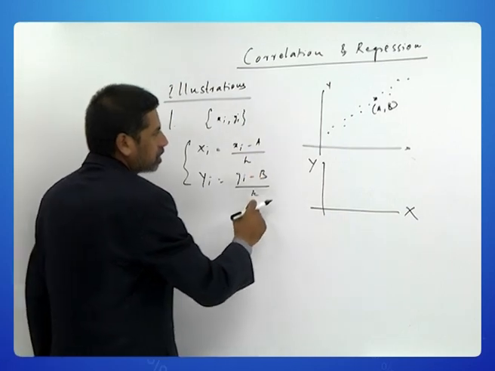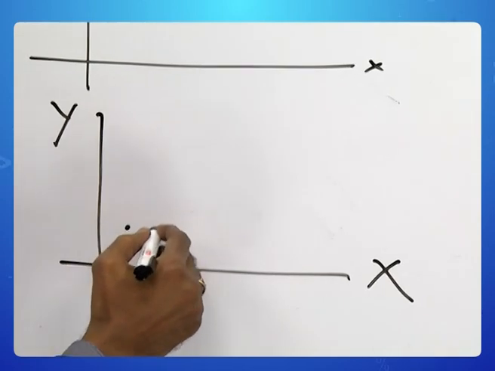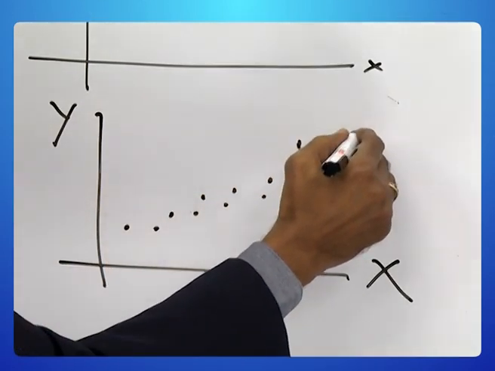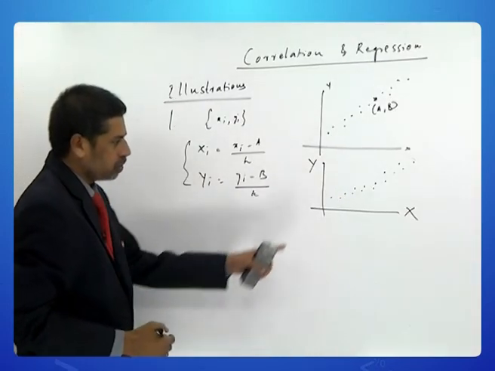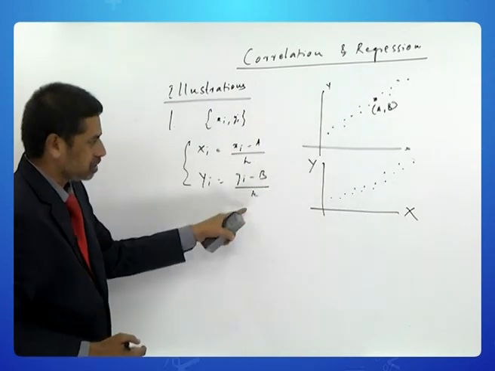Scaling we are doing. So naturally this data in the new dimensions will look somewhat different, even though the linearity will not be lost. So each of these data points have been derived from these data points using these formulas.